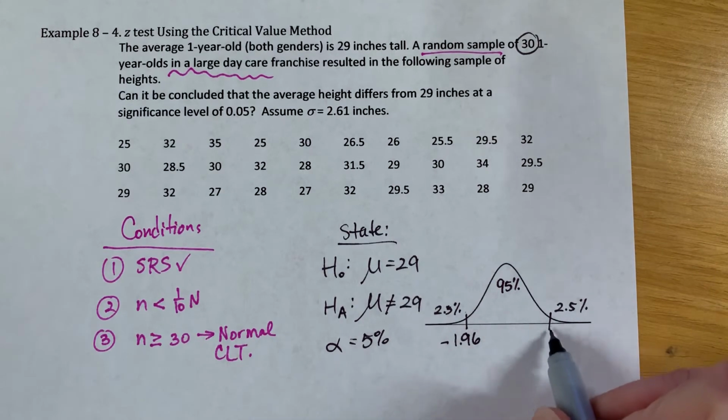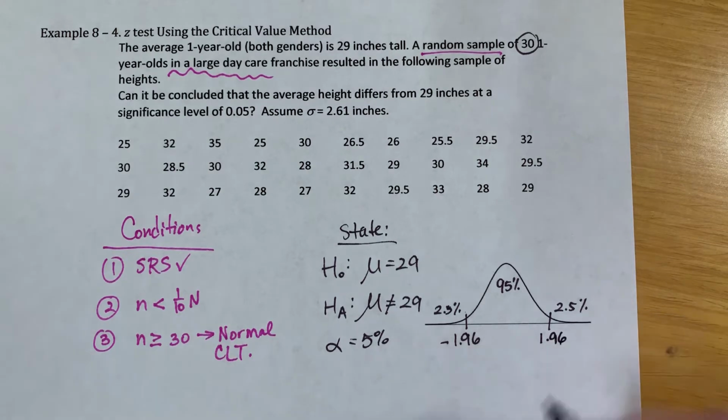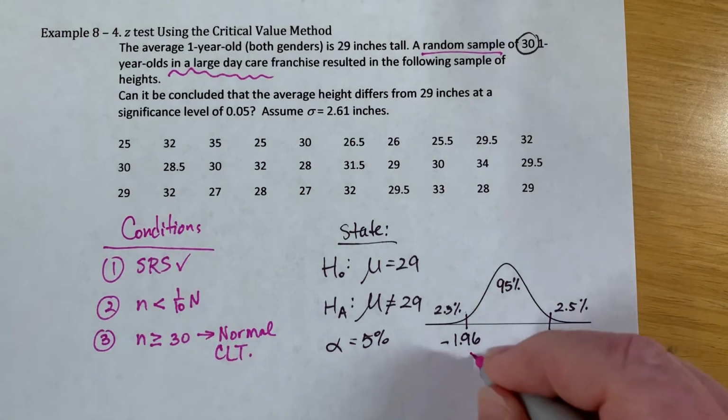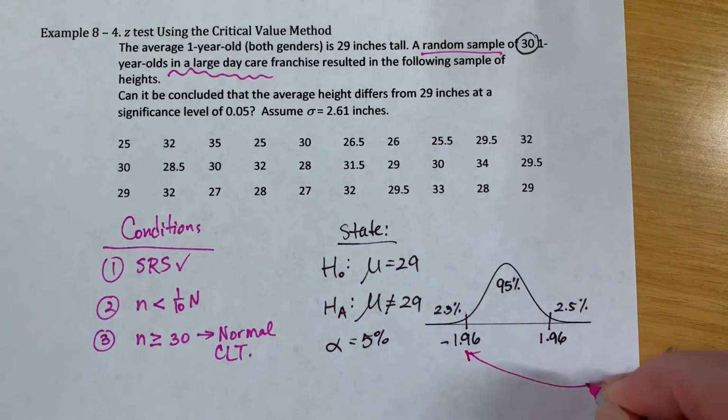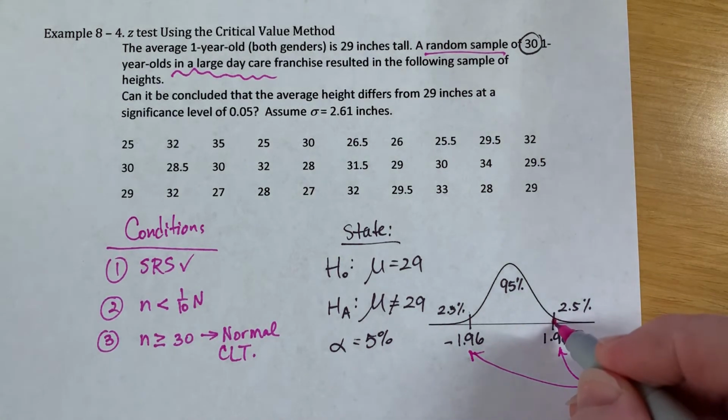That should be over here, and 97.5, that should be positive 1.96. These are my critical values. Both of these guys over here, these are my CVs. These are the critical values. Okay, this is where I'm going to reject. All right, if I'm ending up in these little corners over here on the sides, I might be rejecting.